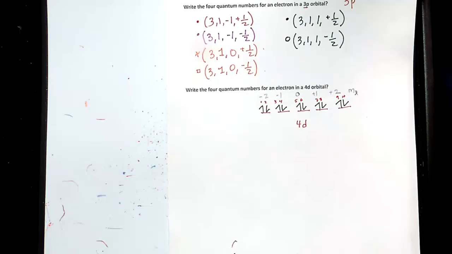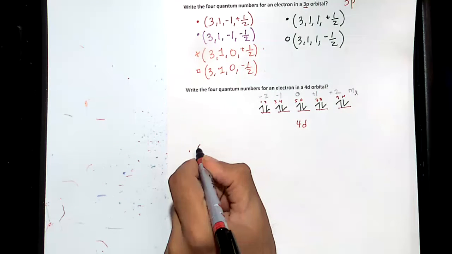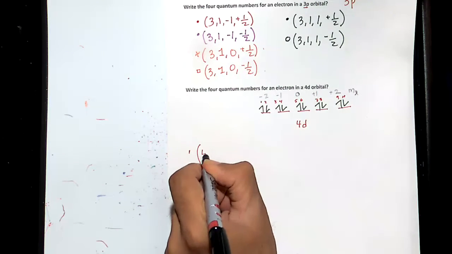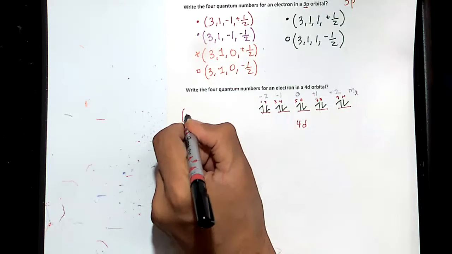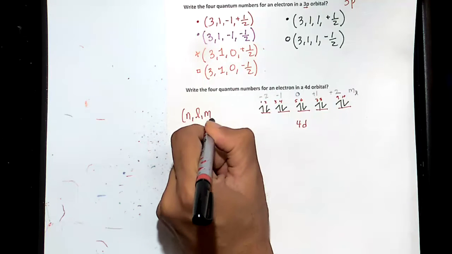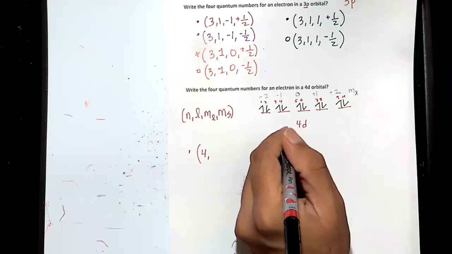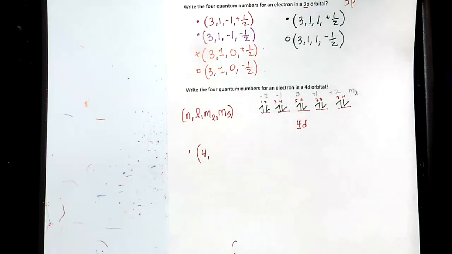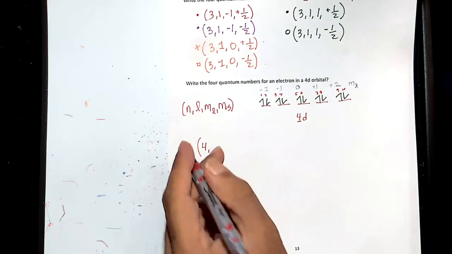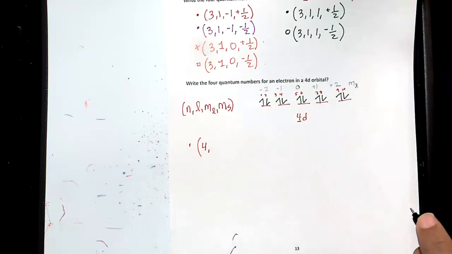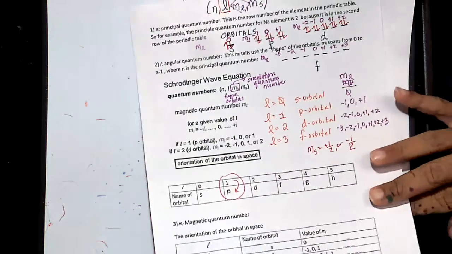Okay. So what will be 1? Principal quantum number n is, everyone see it's 4? Everyone getting that? It's 4. What is L for a d orbital? This is something you'll have to memorize.